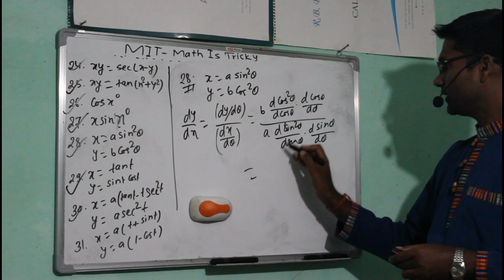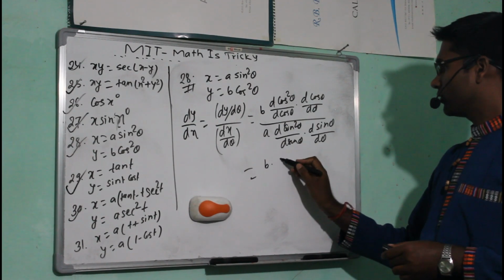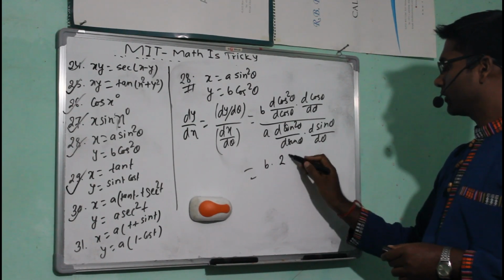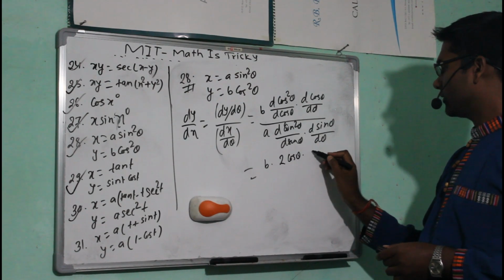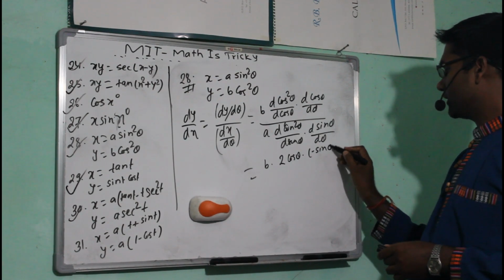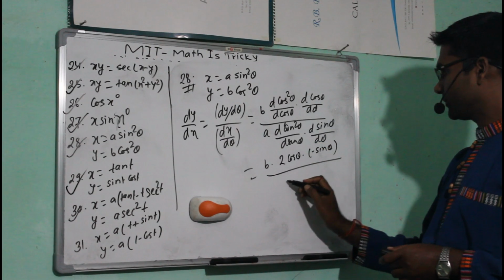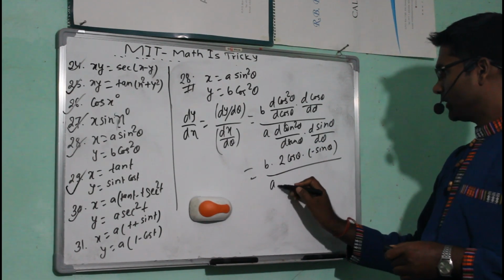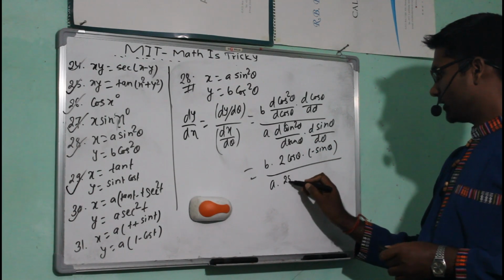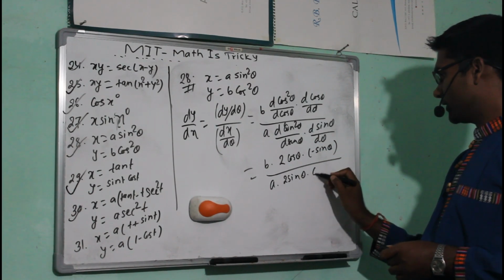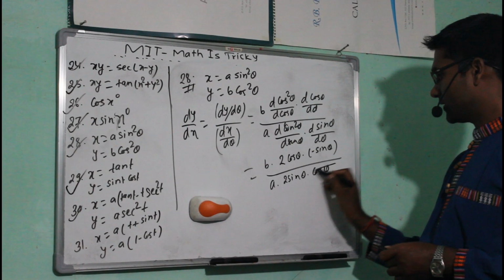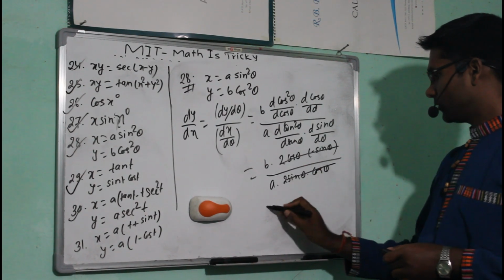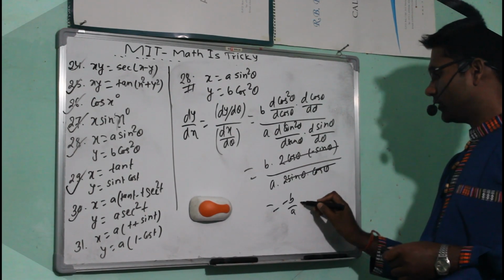So we'll get b into 2 cos theta, and the derivative of cos theta is minus sin theta, divided by a into 2 sin theta, and the derivative of sin theta is cos theta. By cancellation you can see the answer is minus b by a.